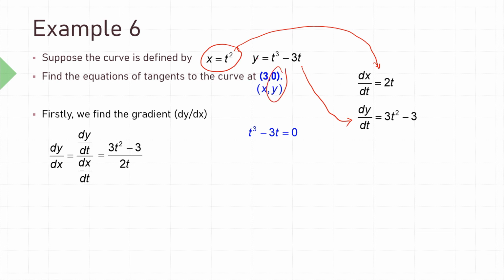If you substitute the value of y with 0 here, you have t cubed minus 3t equals 0. Now we need to simplify this, meaning we have to factorize t. Solving this, we get t equals 0 and also t equals plus or minus root 3.